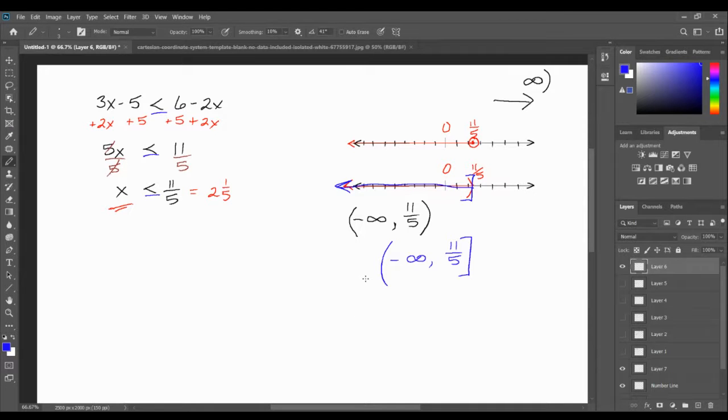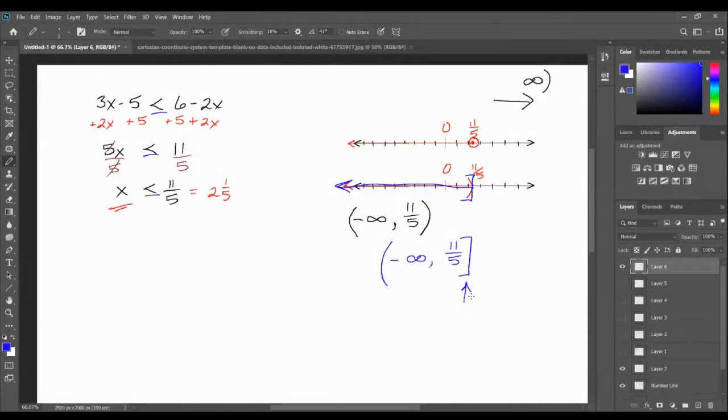So if it says less than or equal or greater than or equal, you are going to expect some sort of bracket. And that's an example of solving an inequality and then denoting that not only graphically, but also in interval notation.